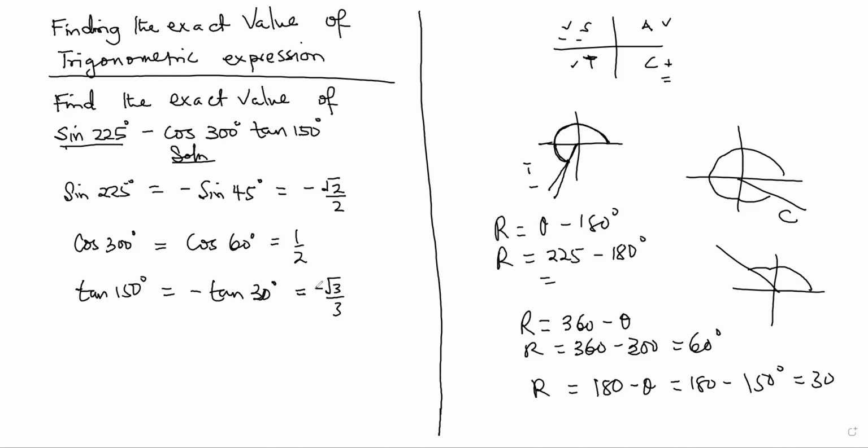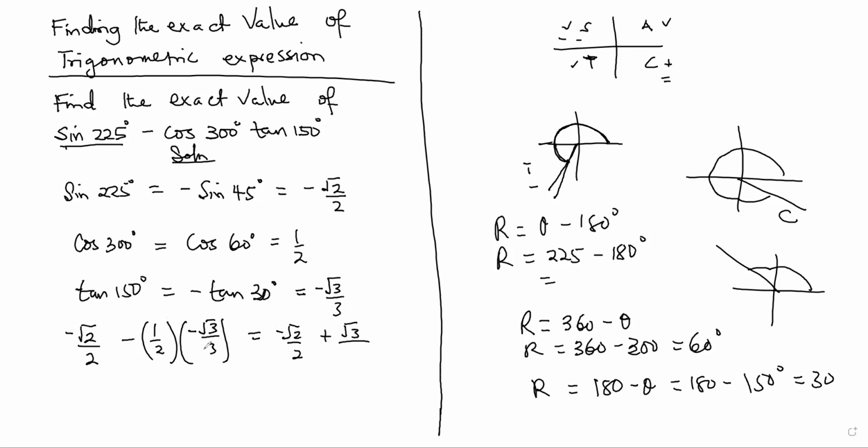So now we substitute. Sine 225 is minus root 2 over 2, minus cos 300 which is half, times tan 150 which is equivalent to negative tan 30, which is root 3 over 3. So we're going to now break this one down. So you have root 2 over 2. Negative times negative gives me positive. 1 times root 3 is root 3.